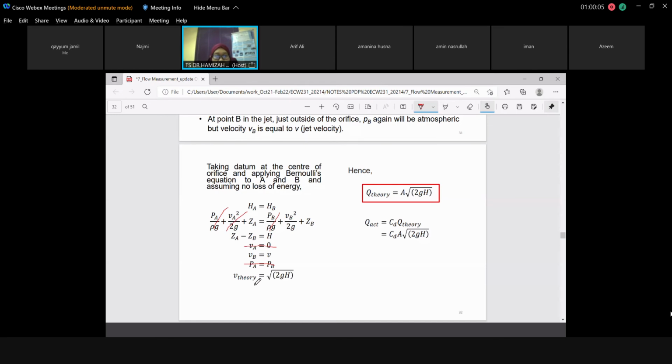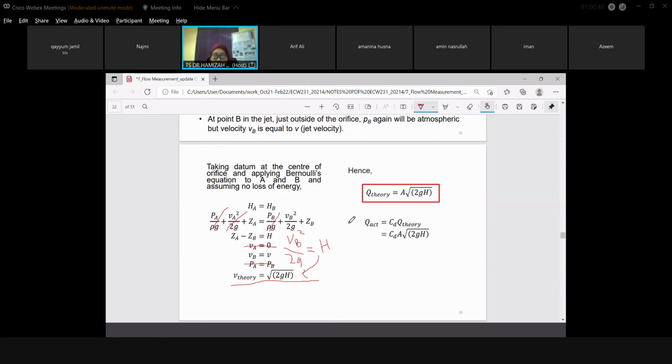Finally, V theory is equals to square root of 2GH. That's why last time dapat formula V theory equals to square root 2GH. So now already you know that velocity for pitot tube dengan orifice sama, which is square root 2GH.